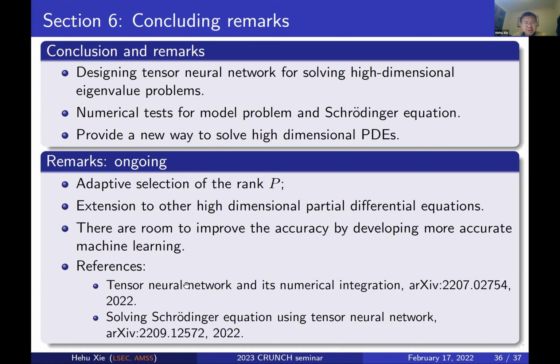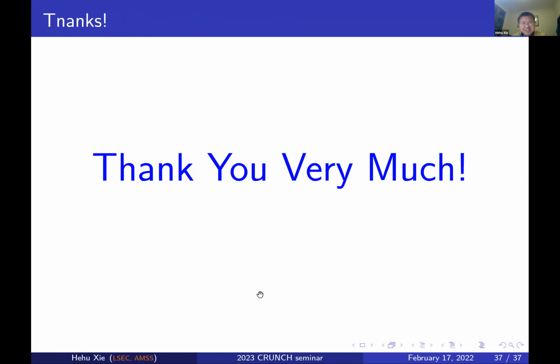If someone wants to learn about the TNN, you can check these two papers. We will upload the new versions based on the review reports. Okay, that's all my lectures. Thank you very much.